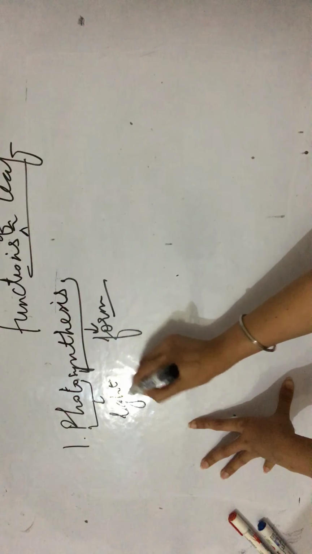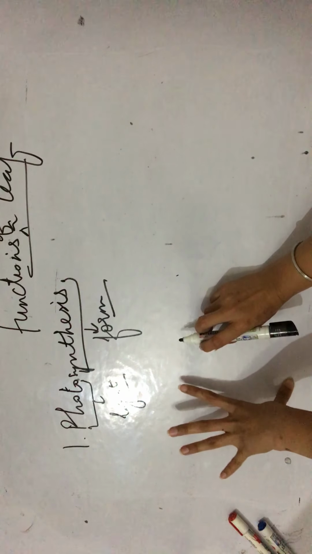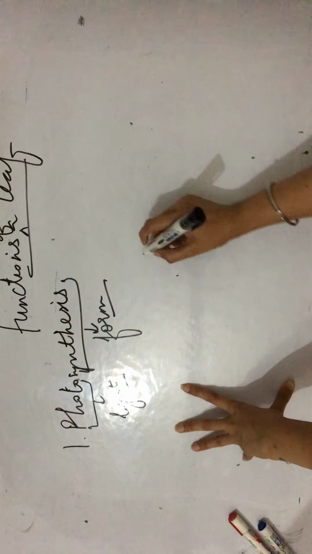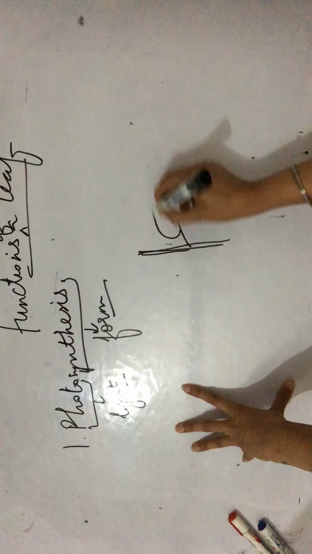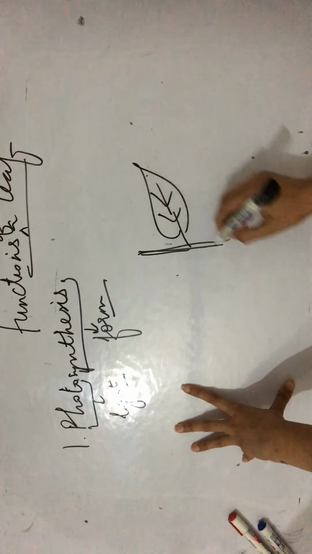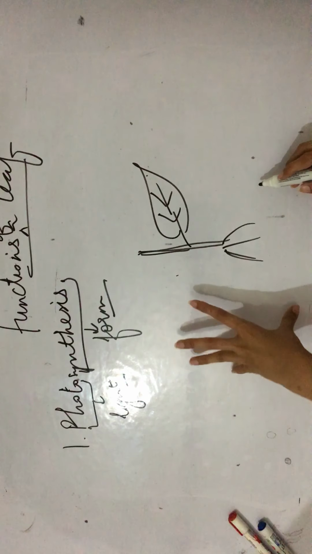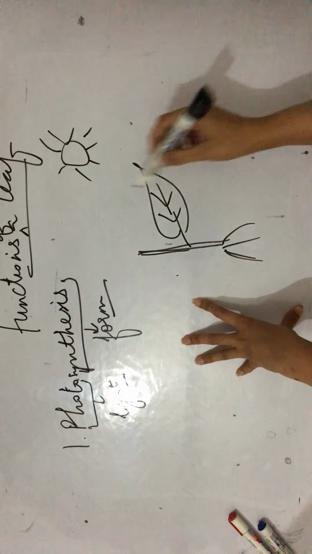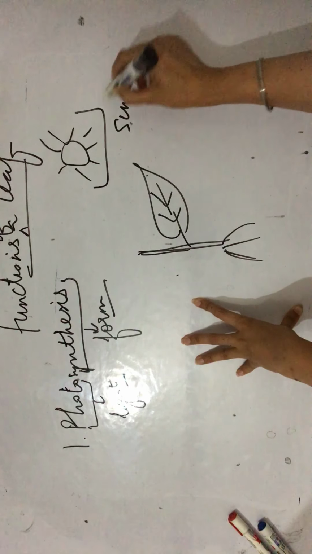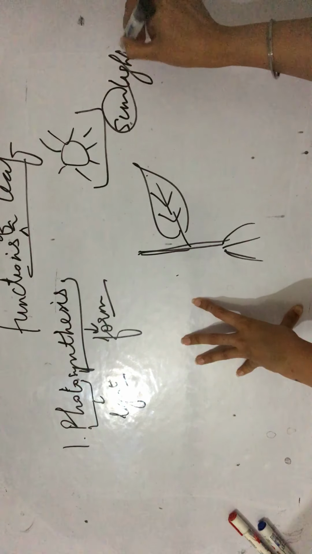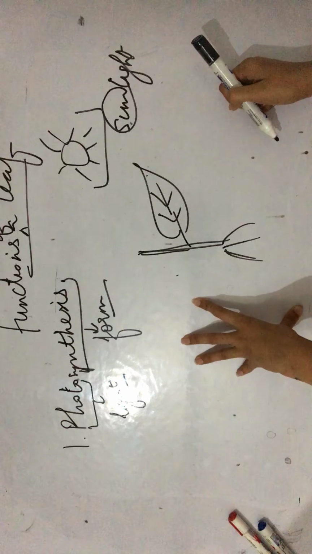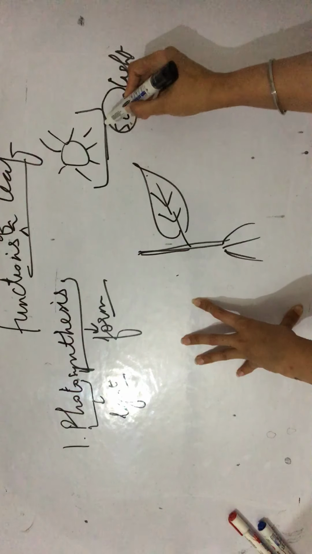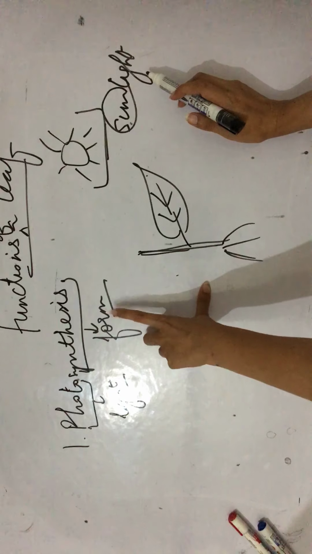So photosynthesis is that process in which a plant uses light from the sun, that is sunlight, and in the presence of this light it forms something.